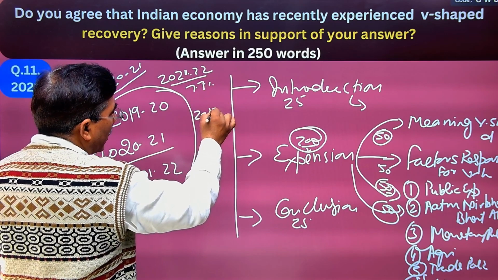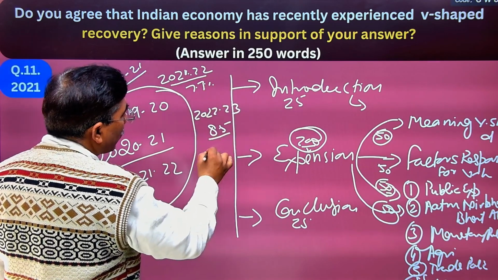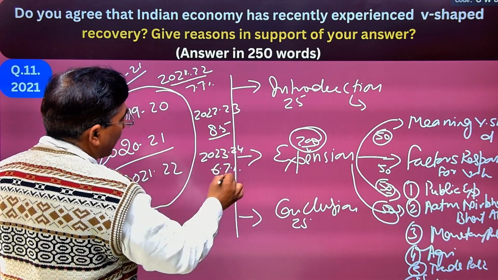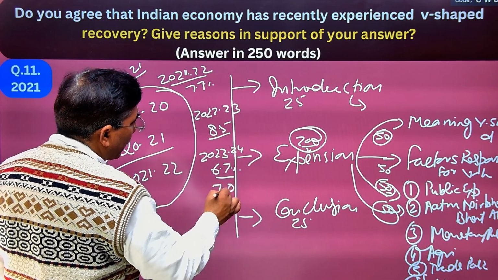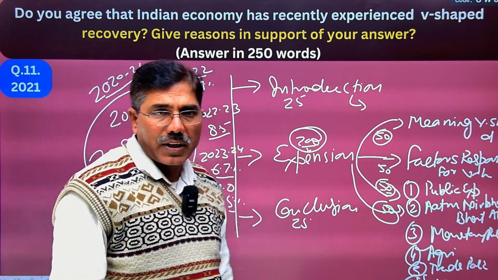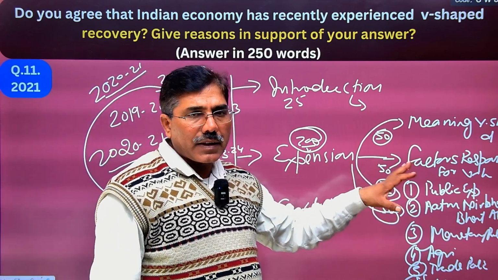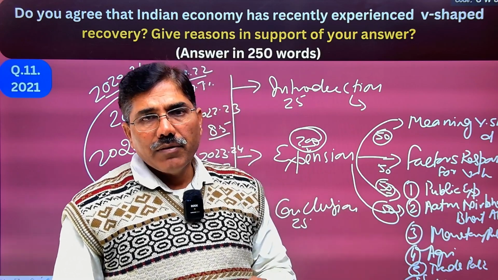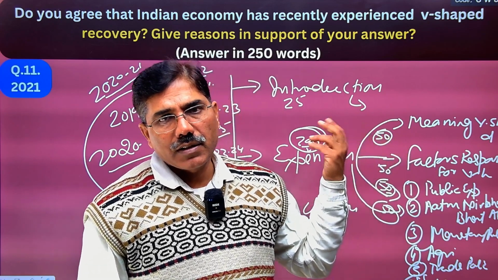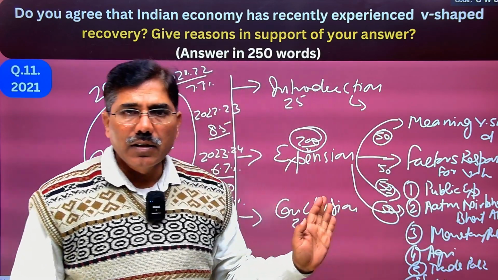During 2022-23, it was roundabout 8.5%, and in 2023-24 it is expected to be 6.7% by some economists, 7% by RBI, and 6.5% by the International Monetary Fund. After explaining that, you will justify that in our economy V-shaped recovery is there after the lockdown, and factors are responsible, and finally you will conclude.